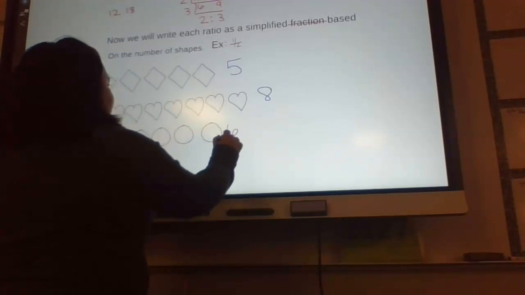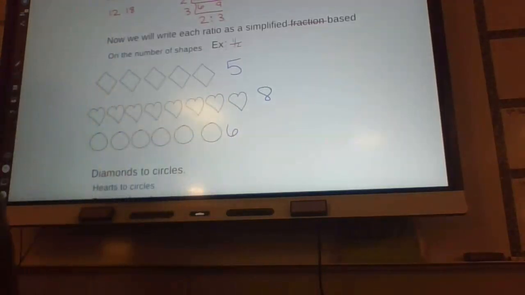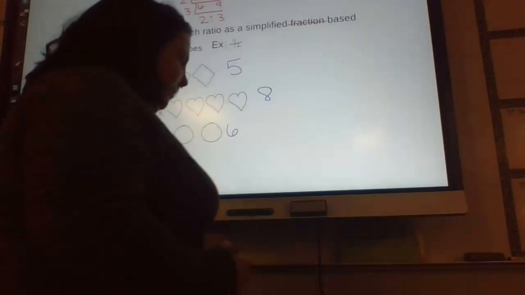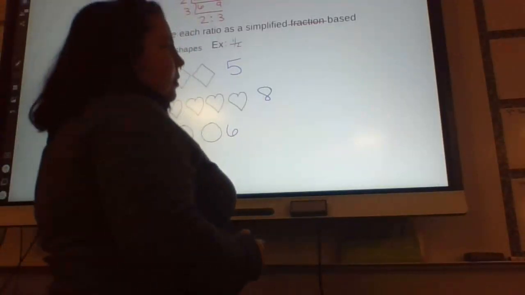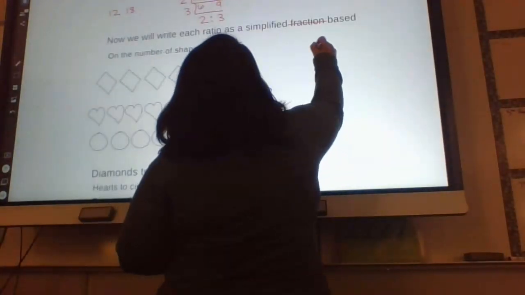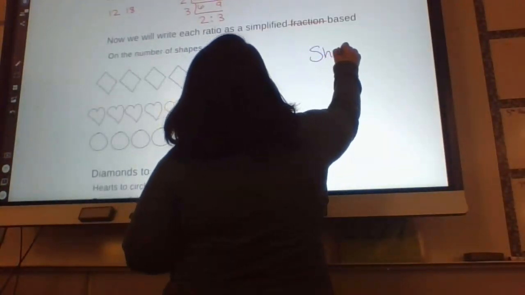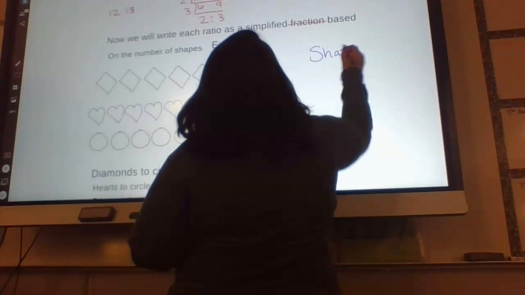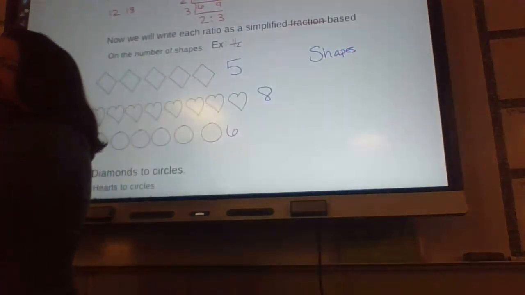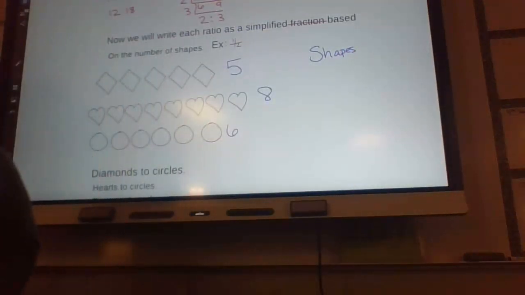What if I want to know the number of total shapes? Because that is going to be a question later. All together? Yep, all together. That's a great way to put that. I could count them. The problem with counting that many is that it's easy to accidentally miss one and get the wrong number.